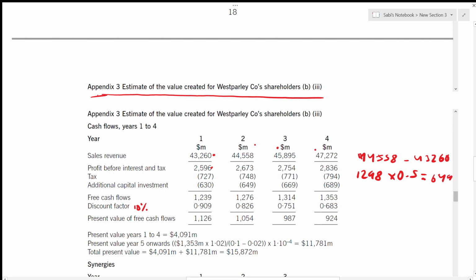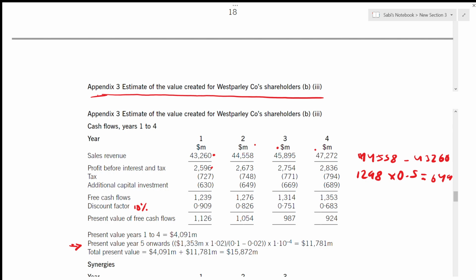That's not it. You also have a growth factor, perpetuity, right? From the fourth year onwards, to infinity. That's why you have to find this present value from year 5 onwards. When it is a present value from year 5 onwards, what do you have to use first?